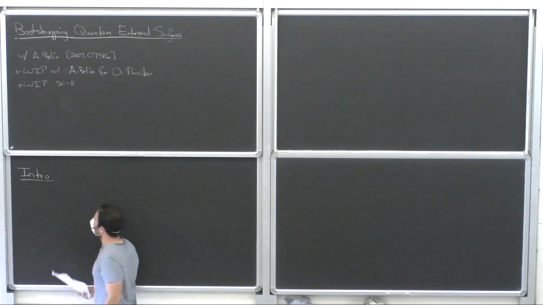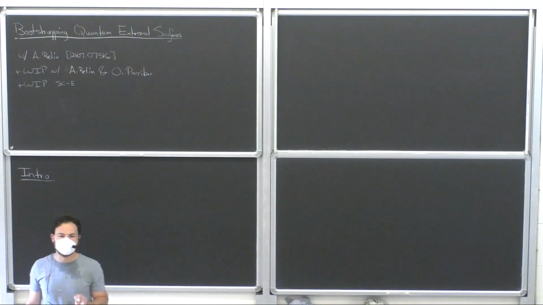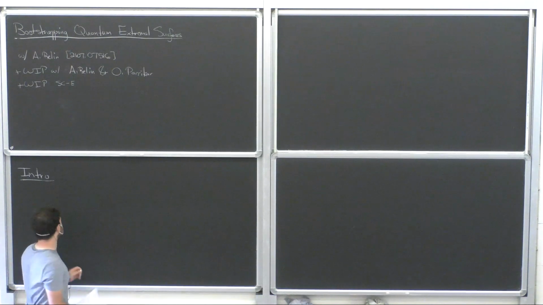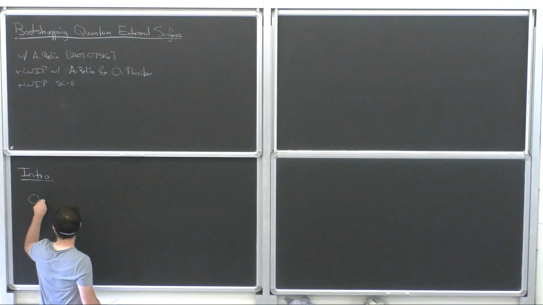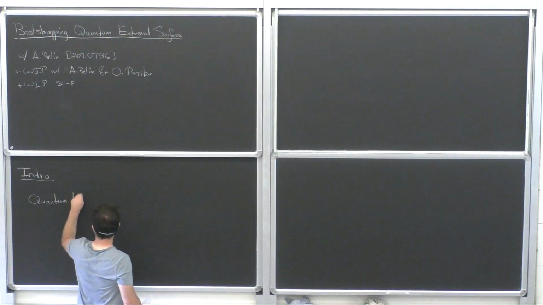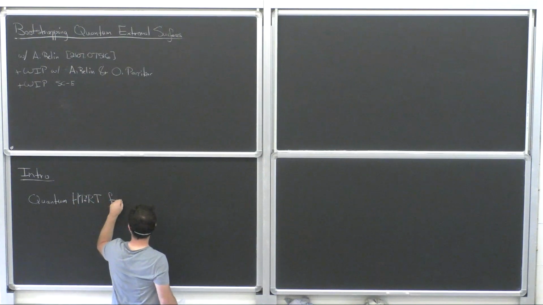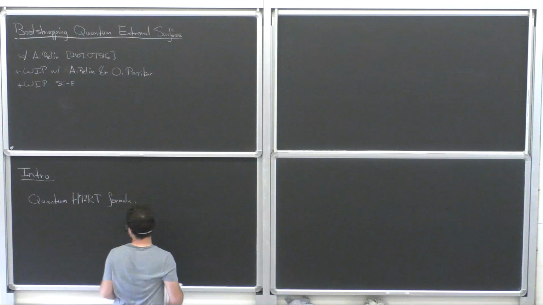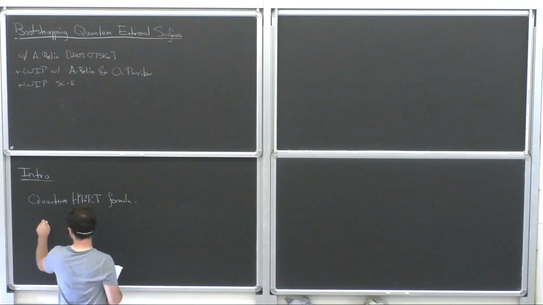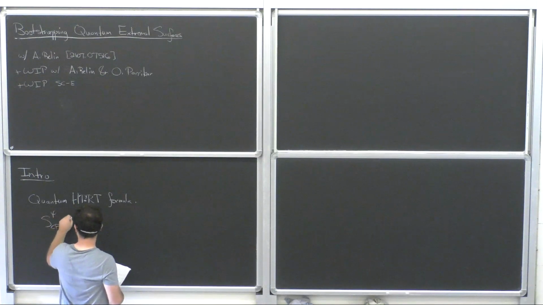So I think we can all agree that one of the central players in the connection of information and quantum gravity has been this quantum HRT formula. The proposal, due to Netta Engelhardt and Aron Wall, is the following.